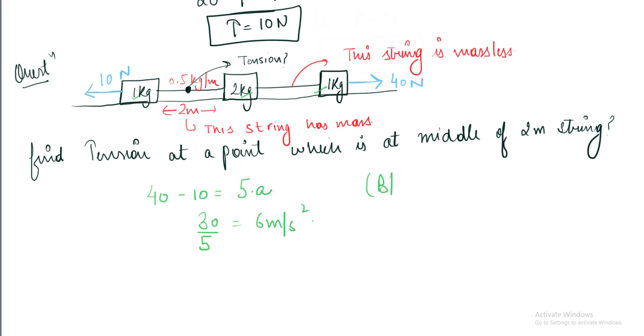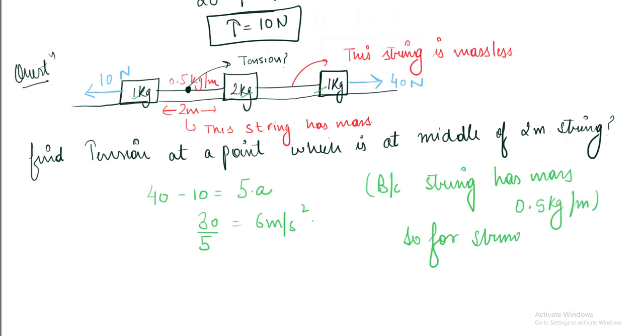because the string has mass 0.5 kg per meter. So for a string of length 2 meter, mass is 1 kg.